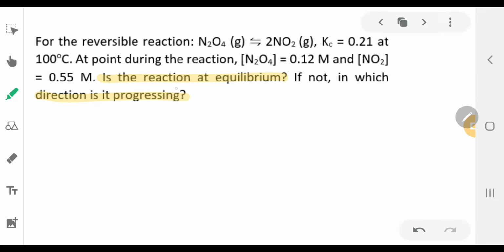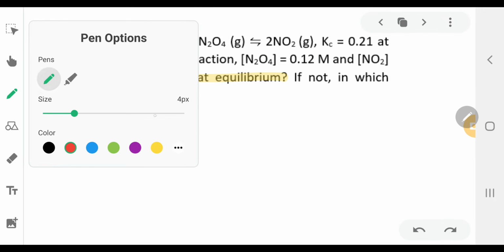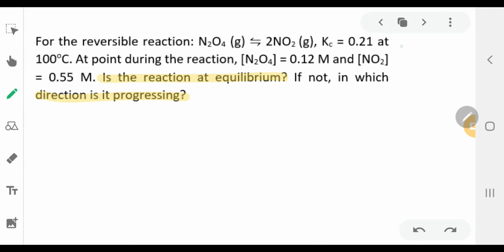Okay. So notes over here: no need ICE table.